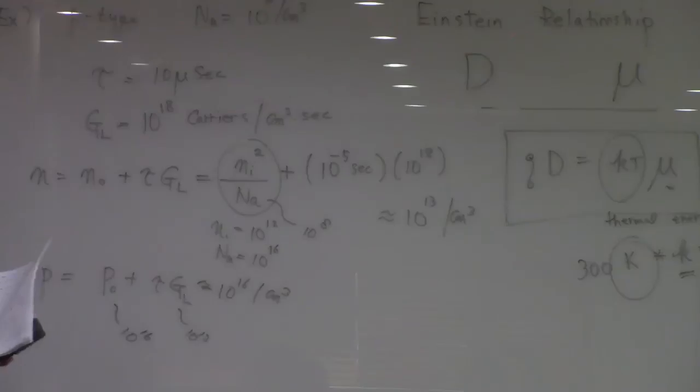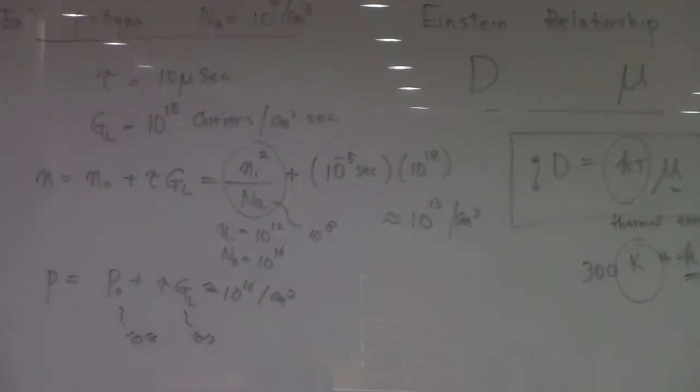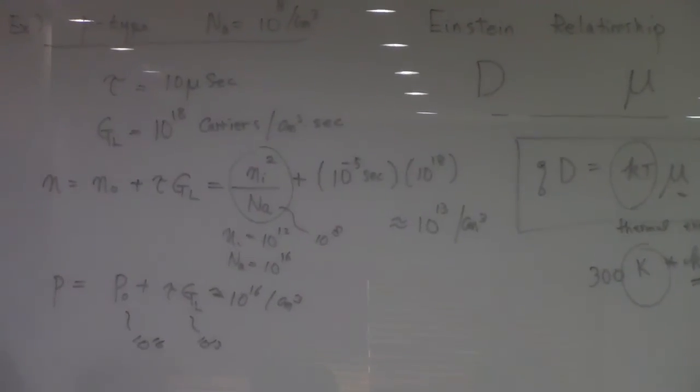So we know the results. When you have a p-type material doped to 10 to the 16th, and you shine a light, then it's going to be in a non-equilibrium state. It may be in a steady state, but not in equilibrium.